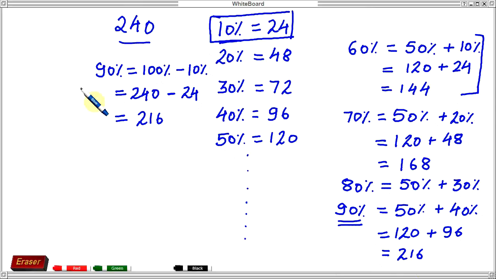So the same thing can be applied to 80%, I believe, because 80% will be 100% minus 20%. It can even be scaled to 70% if you want to, whichever way you find comfortable. If you find it comfortable to do 50% plus 20%, be my guest, go ahead with this one, or go ahead with 100% minus 30%. Personally speaking, I like this method much better for 70%, 50% plus 20%. Whereas 80 can be calculated like this and 90 certainly can be calculated like this very easily.